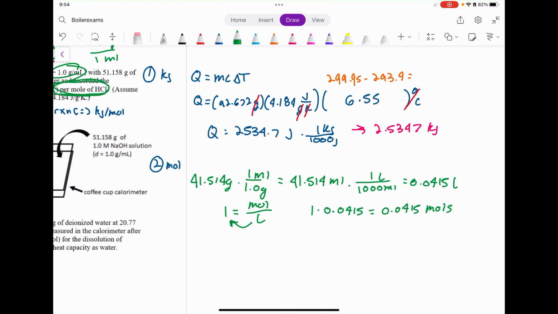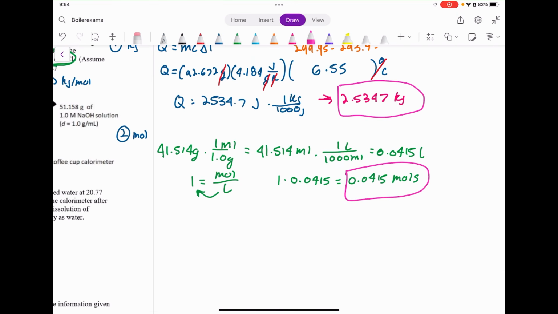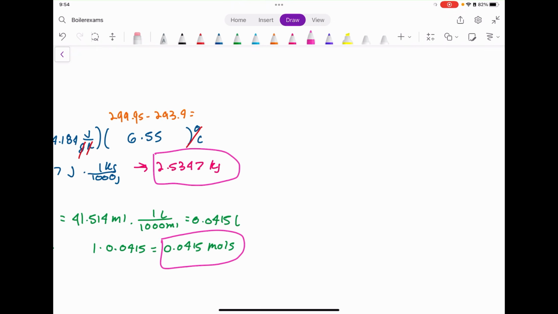So now we have these two answers. We have this number of kilojoules and we have the number of moles. I can just divide them. So let's do that over here. 2.5347 kilojoules divided by 0.0415 moles of hydrochloric acid reacting gives me 61.1 kilojoules per mole.